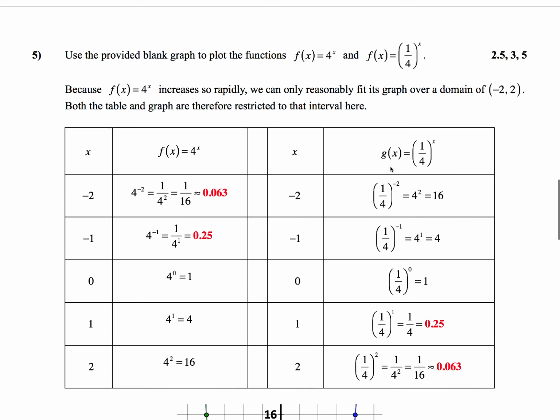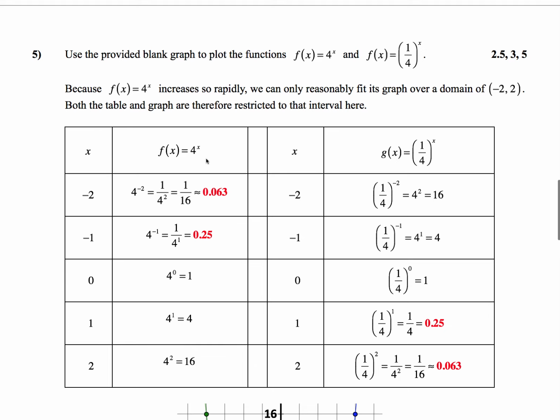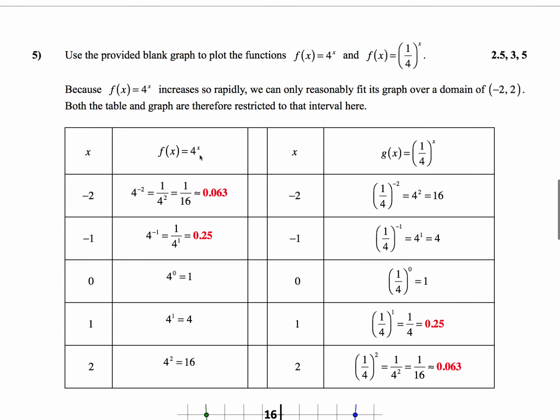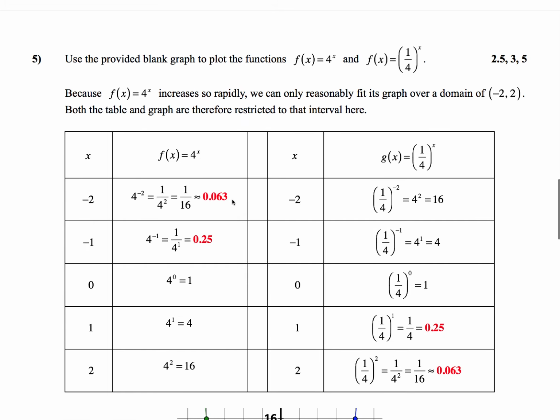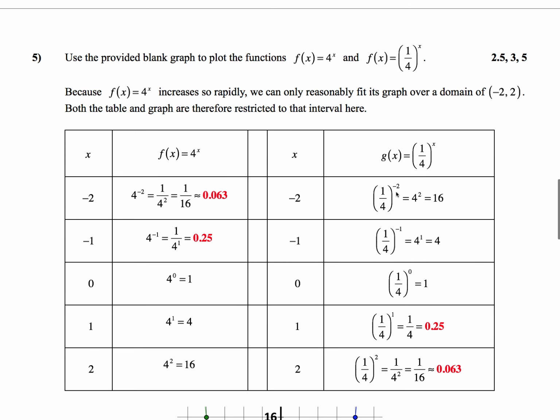Now, the other function we're asked to graph is the reciprocal of this, and all these values are going to be the same, except they're going to be flipped, sort of vertically. So whatever was up here is going to be down here, and whatever was down here is going to be up here. So 1/4 to the -2 is the same as 4 to the +2, or 16. 1/4 to the -1 is the same as 4 to the +1, which is 4.